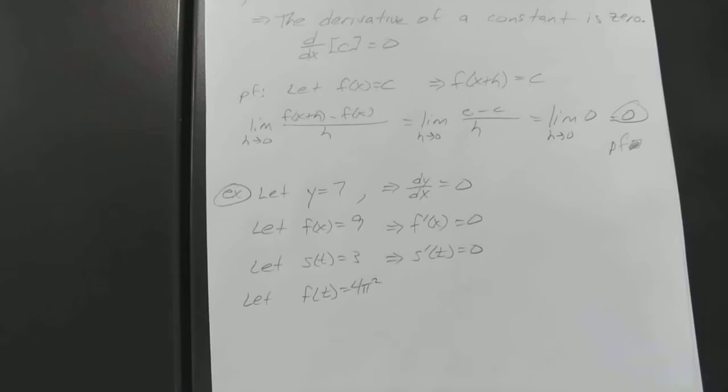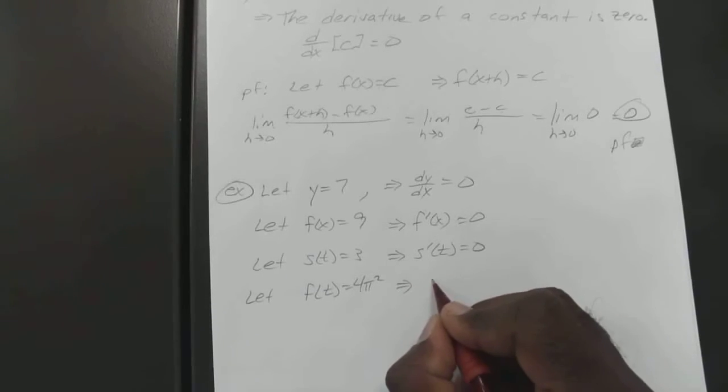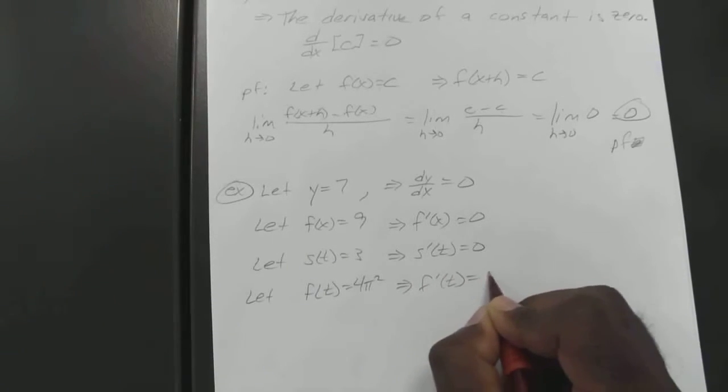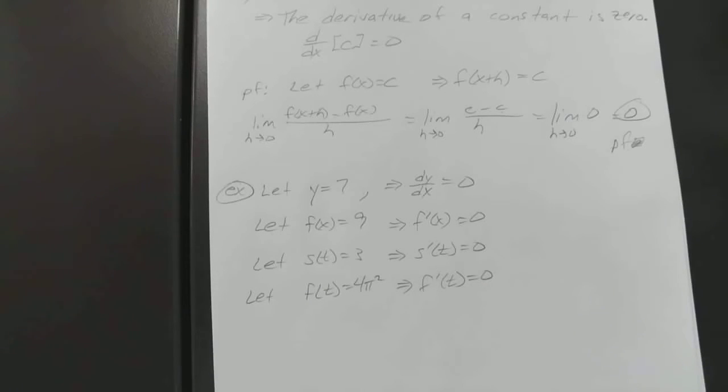Since pi is just a constant, it's still going to equal 0. All right, so any questions on that one?